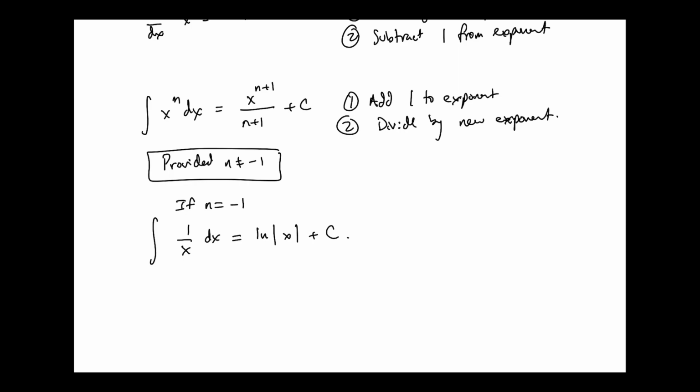Okay, what are the two annoying details here? Well, we got the plus c as usual, and that silly absolute value. Just do it. Although in many cases it doesn't actually matter, to be correct, we'll just write it there. So there's that one pesky exception.